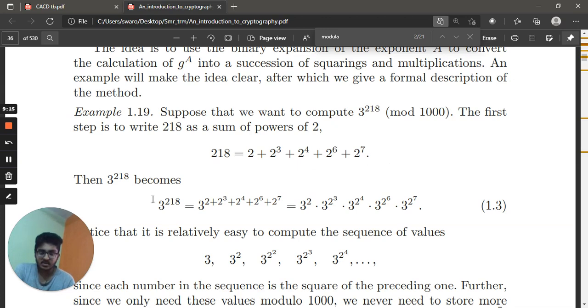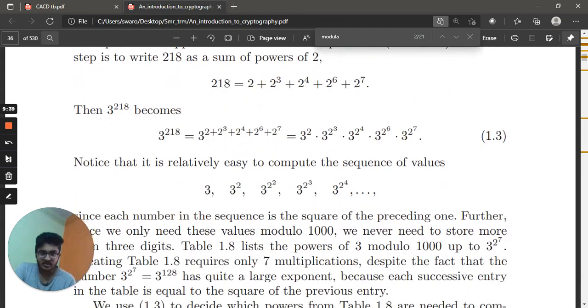Then 3 power 218 equals 3 power (2 plus 2 cube plus 2 power 4 and so on). Now it can be written as 3 square into 3 power 2 cube into 3 power 2 power 4 and so on. This sequence is comparatively easier than the original.